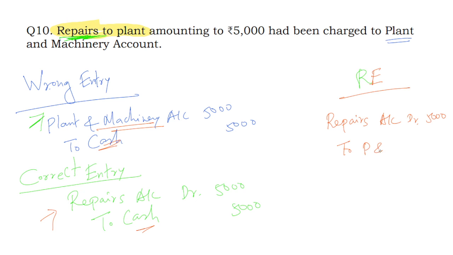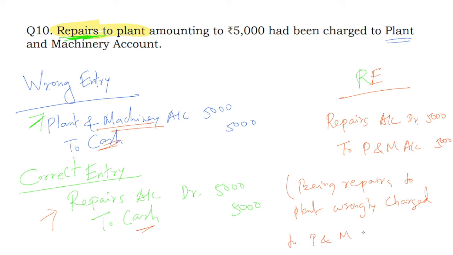Plant and machinery account 5,000. Being repairs to plant wrongly charged or debited to plant and machinery account, now rectified. So this should be the correct entry.